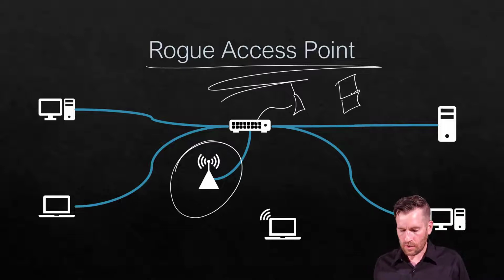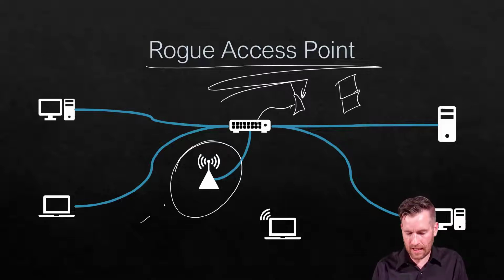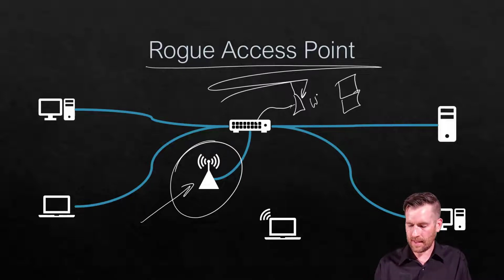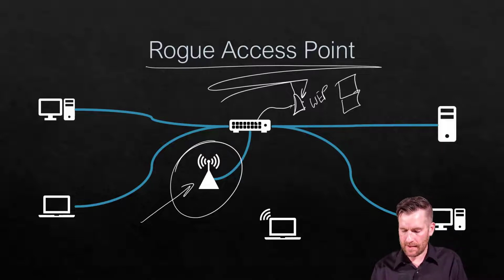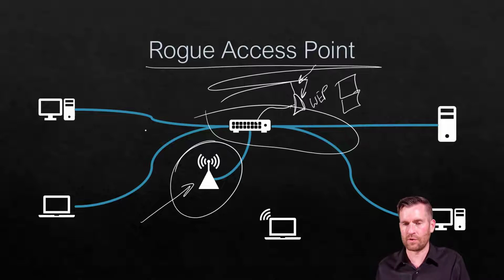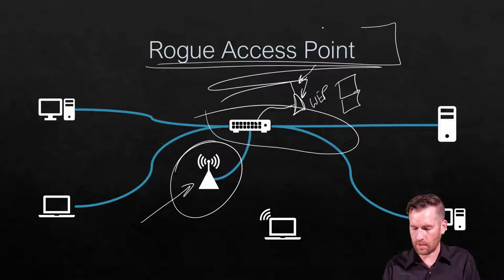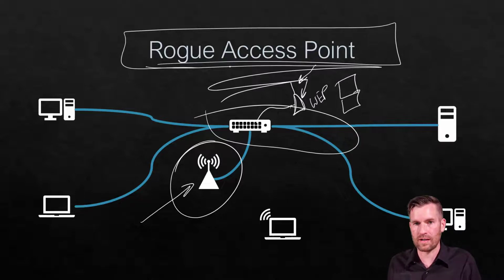The problem with this is that the rogue access point does not necessarily have the same security that you want on your networks, and it can cause all sorts of problems. Maybe they have something like WEP, which is considered insecure, operating on the network. Anybody can break this and connect, and now they have access to the whole network, and the whole network is compromised. So a rogue access point can be pretty devastating to your network.